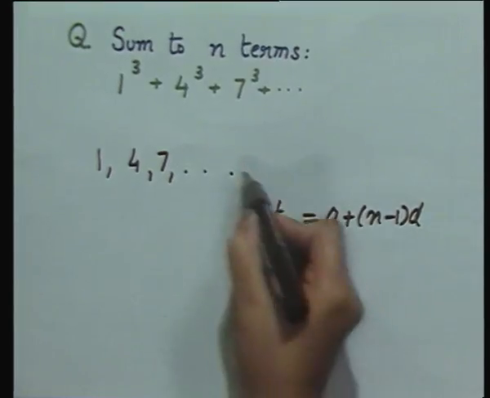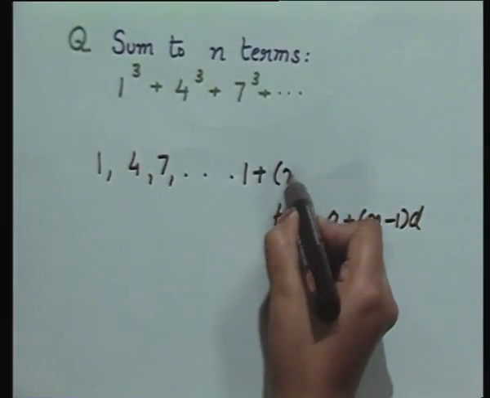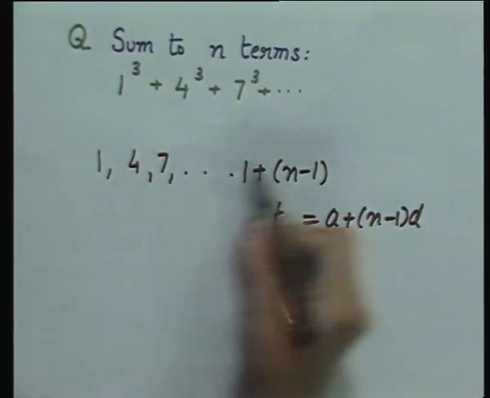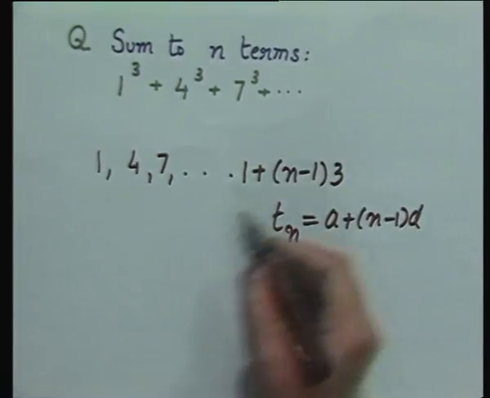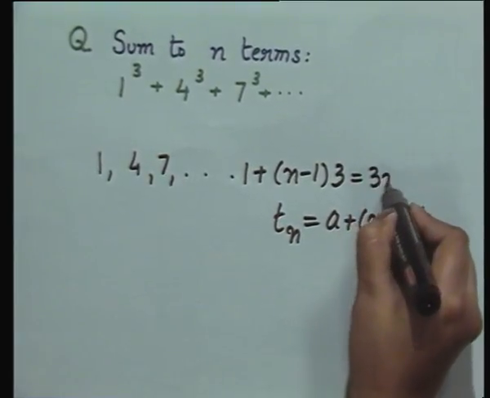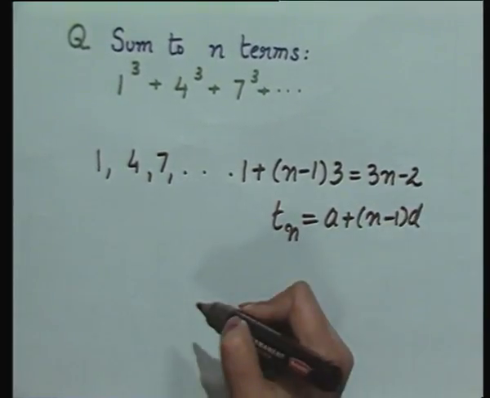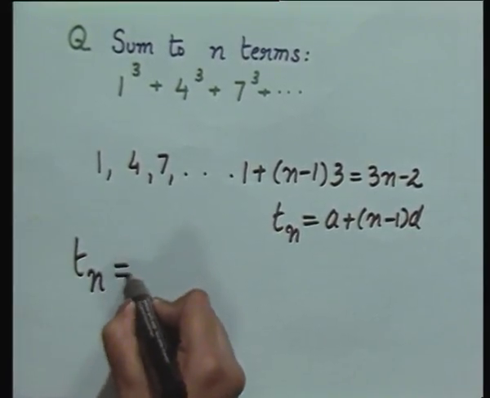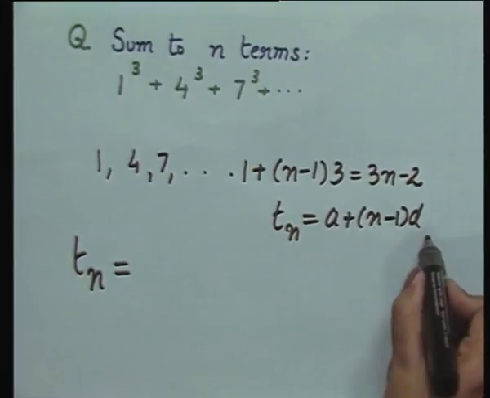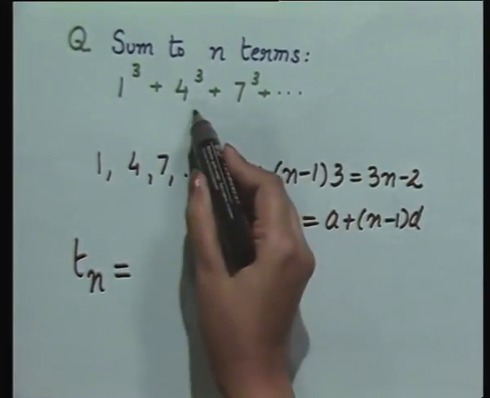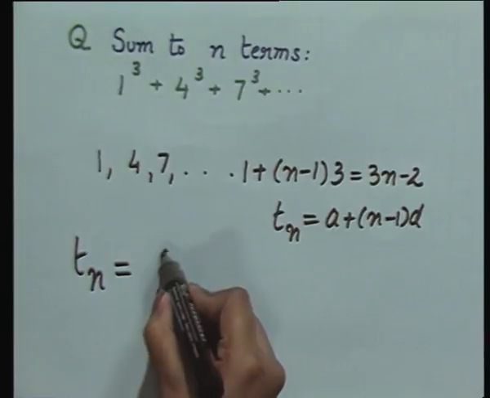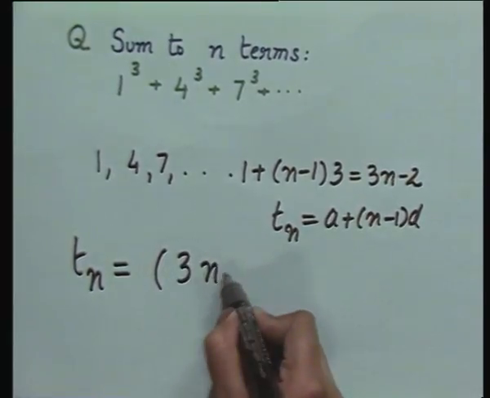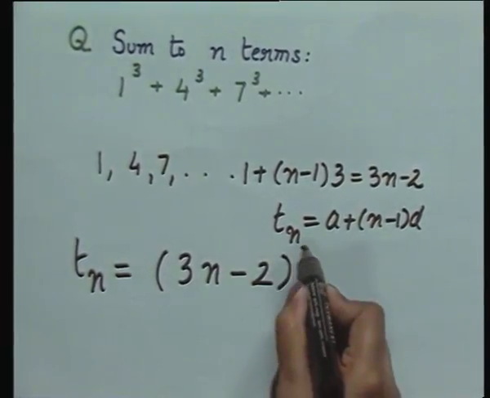So what will be the nth term here? a is 1, n minus 1, and the common difference is 3. So it will be the same as 3n minus 2. And therefore the nth term of our series, not to be mistaken with this result, the nth term of our series will be the cube of 3n minus 2.